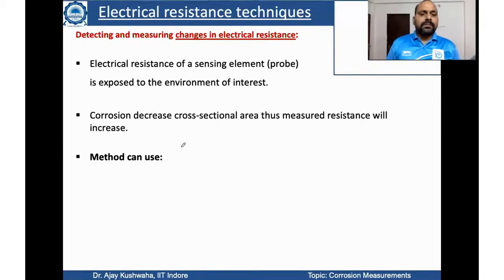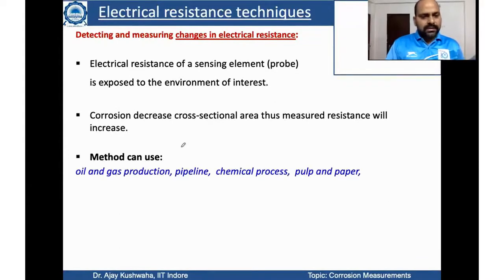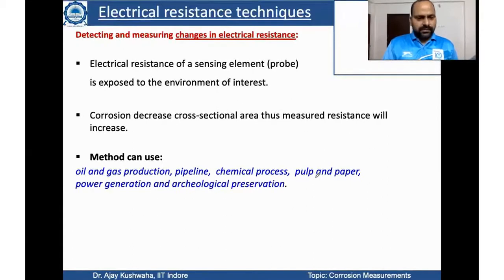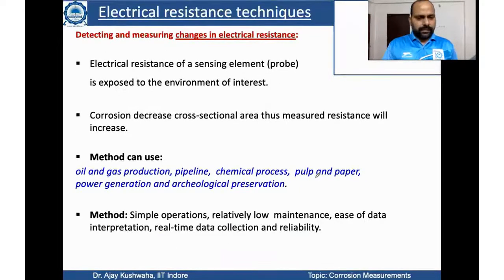And where can we apply this method? There are a variety of sectors such as oil and gas production, pipelines, chemical processes, pulp and paper industries, power generation and archaeological preservation. In these sectors, this electrical resistance technique is commonly used to understand corrosion.